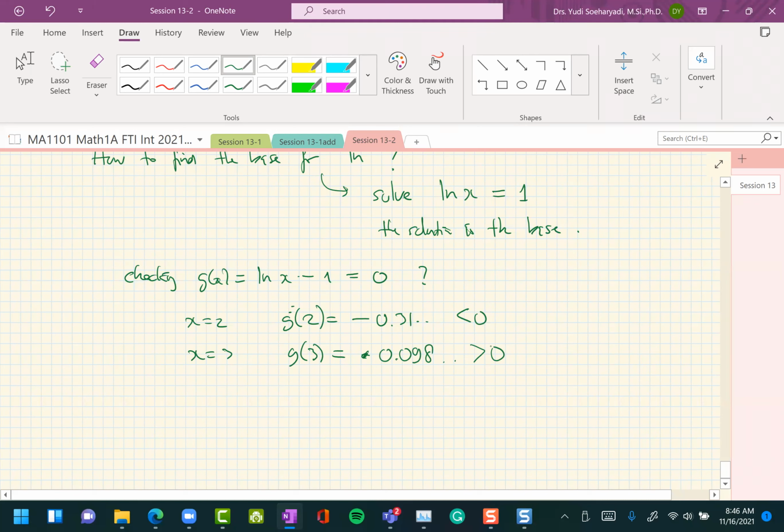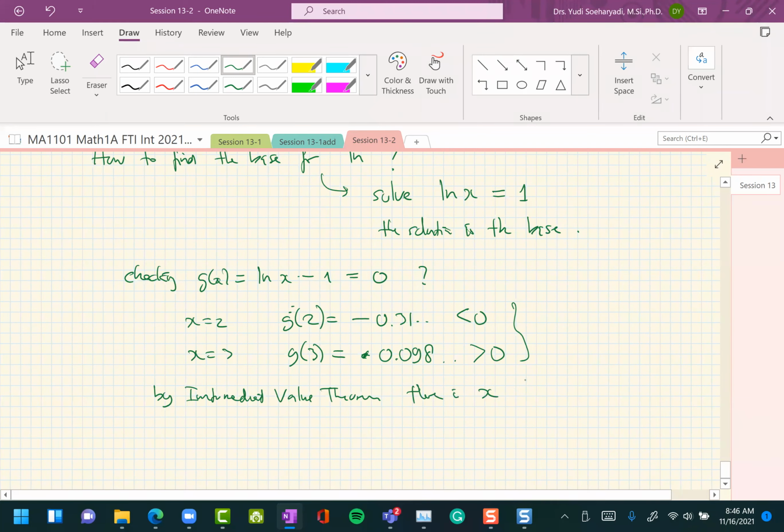Okay, so by, what do you call it? Not mean value, but the intermediate value theorem.